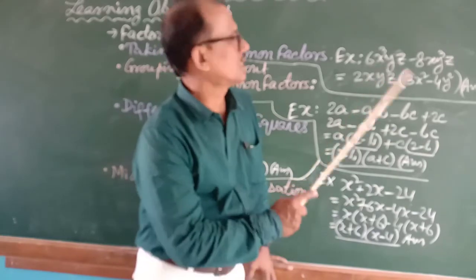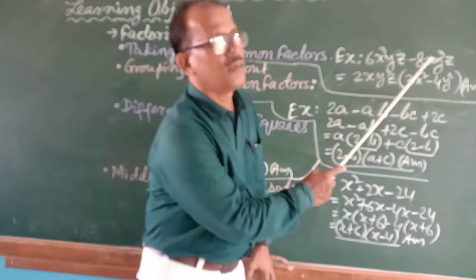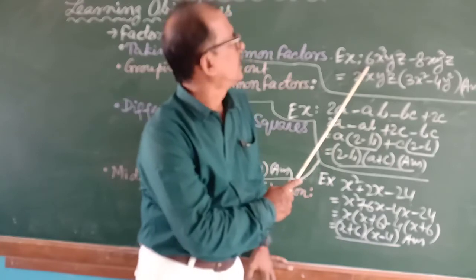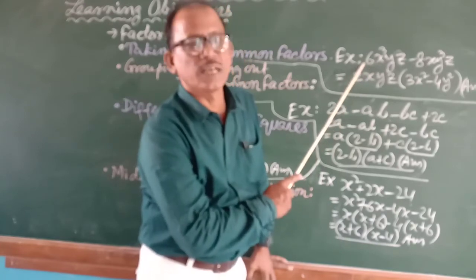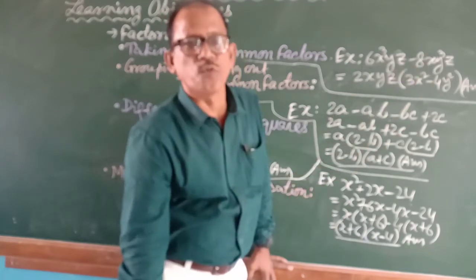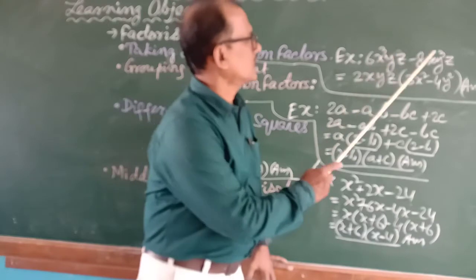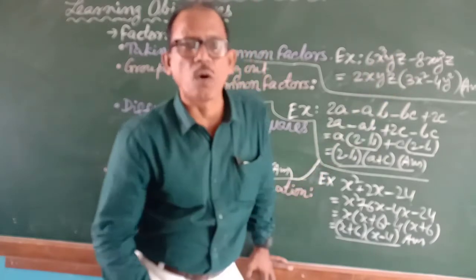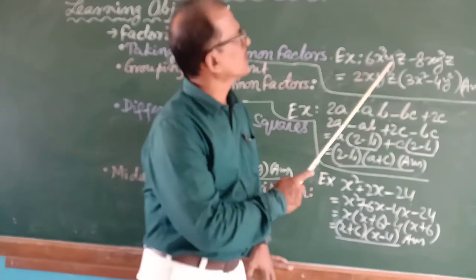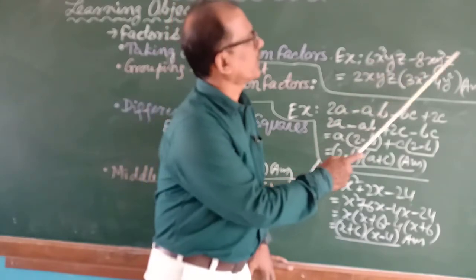See, if you consider the numerical factor, what is the common factor? 6 can be written as 2 into 3. 8 can be written as 2 into 4. Out of 6 and 8, the common factor is 2. You have taken 2. Now, x cube yz and xy cube z.